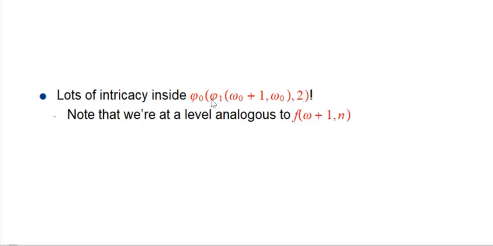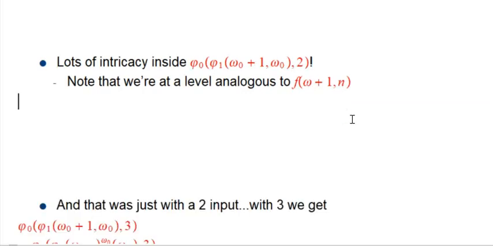So on the inside here, we're very much analogous to where we were a while ago when we were just dealing with f, or what we call phi naught now, and we had the omega plus 1 as the control slot. So we had one little bit of successor, but then on top of the first diagonalization step. So we're somewhat analogous to that at this point. So that was with a 2 input.